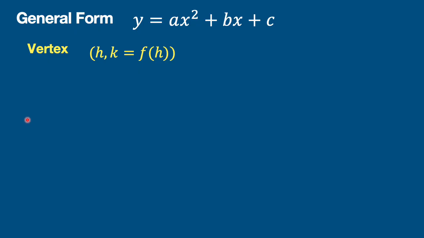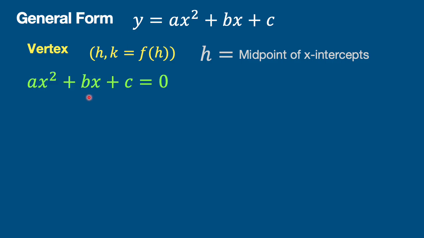I'm gonna derive how to find the x value of vertex by using the quadratic formula, guys, okay? Now, h is gonna be the middle point of the x-intercepts, right? How are we gonna find the x-intercepts? You're gonna solve the quadratic equation when the y value is 0.